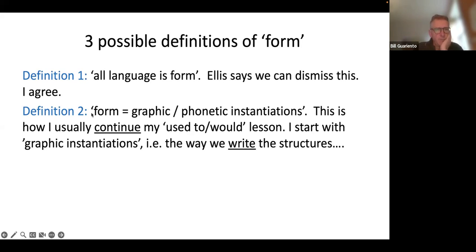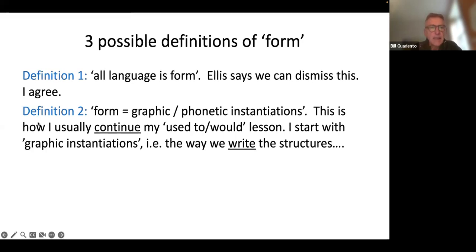Definition number 2. Form equals graphic, phonetic instantiations. Instantiations means examples, visible examples. So definition number 2. Form equals graphic or phonetic visible examples, instantiation.